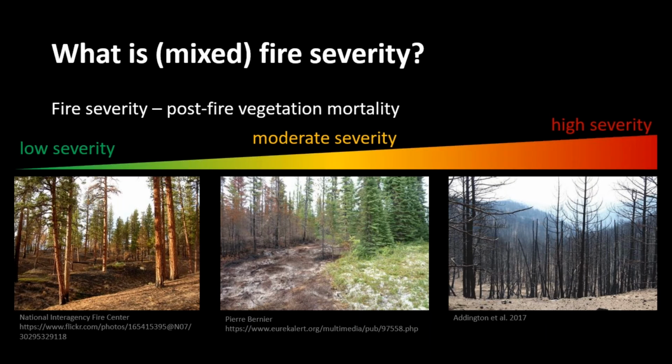Depending on the arrangement in time and space and how we look at fires, whether we are looking at a stand, a landscape, or records in time, we can classify a fire or stand as having a combination of low, moderate, and high severity fires, and that's what classifies the regime as a mixed severity fire regime.